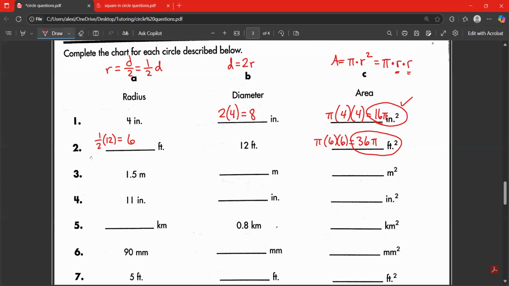All right, let's move on to number 3. This time they gave us radius, which is 1.5 meters. So automatically we can calculate area. So pi times 1.5 times 1.5. So off to the side, we'll do 1.5 times 1.5.